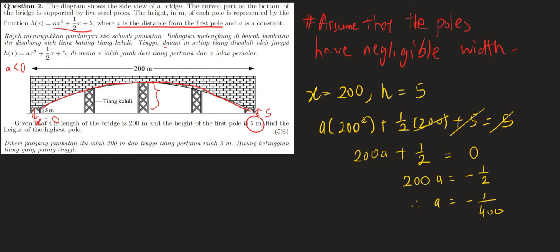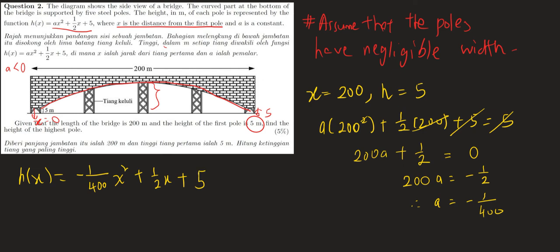Now that we have a, we can try to find out the height of the pole. So now we know our function already: h(x) is negative 1 over 400 x squared plus half x plus 5.